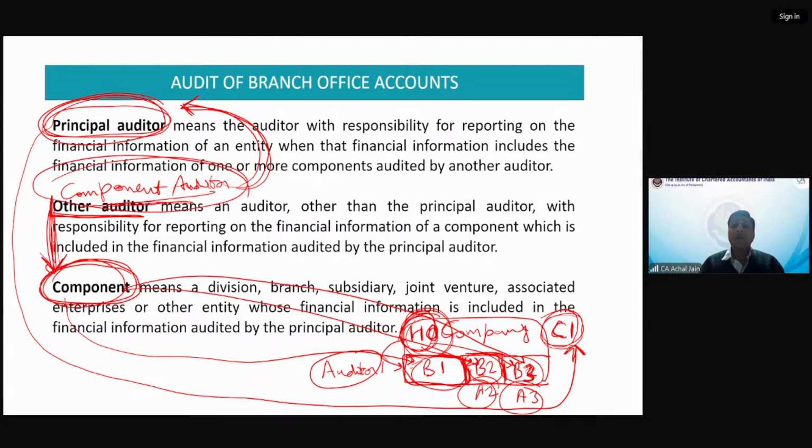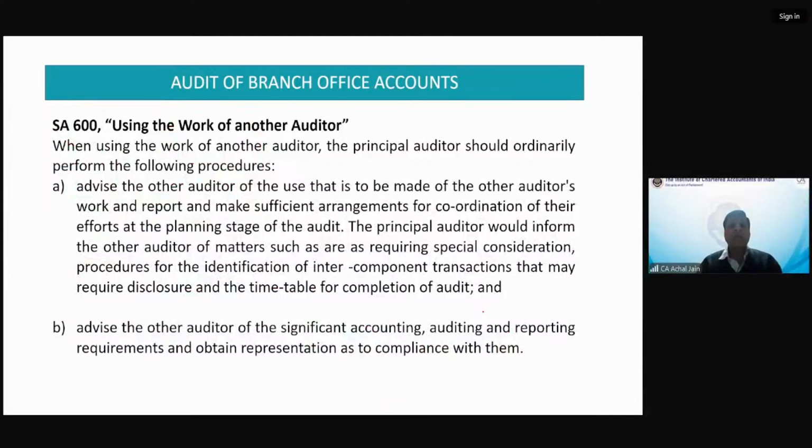Because the principal auditor is the one who is auditing this complete company, meaning who is required to issue audit report on financial statements of this company. So that's why he should make sure that the communication from all the component auditors has been obtained. Their reports have been obtained. If they have reported anything in their audit report, that has been taken care of at corporate level, at consolidated level.